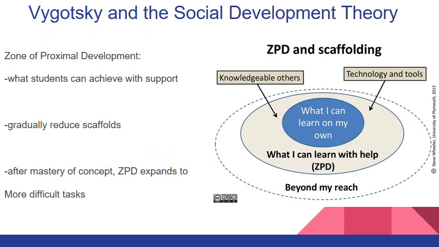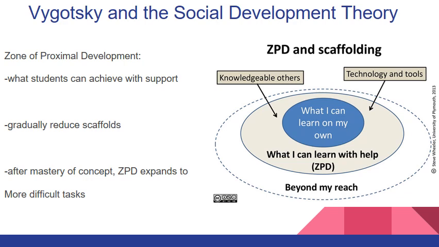Once again, to summarize the zone of proximal development, remember that this zone of proximal development stands for what students can achieve with support. And that support could include the help of knowledgeable others, either more advanced peers, parents, teachers, and other community members.